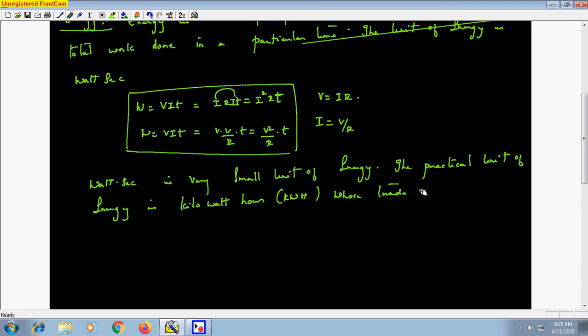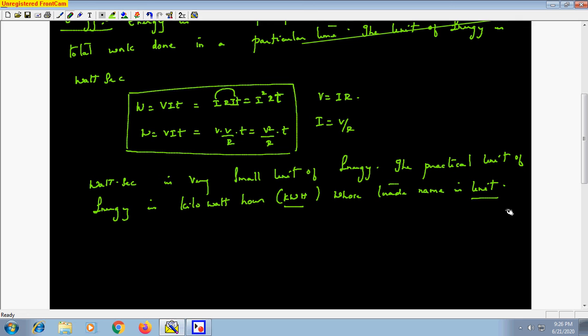So if any electrical lineman comes, he will talk about how many units you spent in this month. So according to that, unit is nothing but kilowatt hour. So it will be mentioned technically as kilowatt hour, but you say how many units I spent, whether I spent 500 units this month or 600 units. So it depends on how many hours you are using that kilowatt.